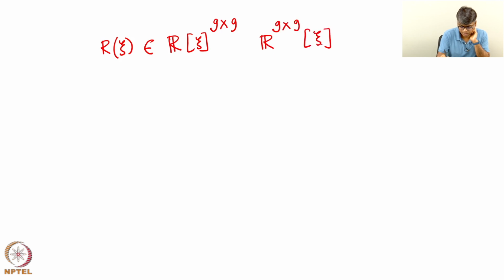You can keep in mind that these two are the same, and it really is just a matter of convention, or a matter of style. Why? Because this means it's a matrix with entries coming from the polynomial ring. This means that it is a matrix polynomial, like, for example, this polynomial matrix that I wrote.